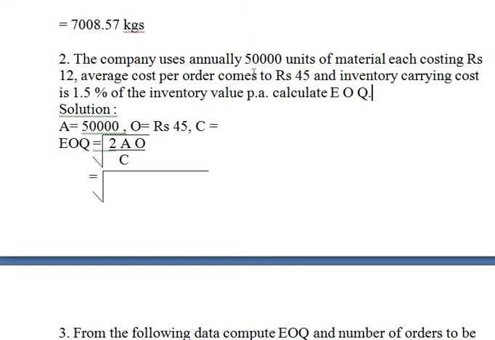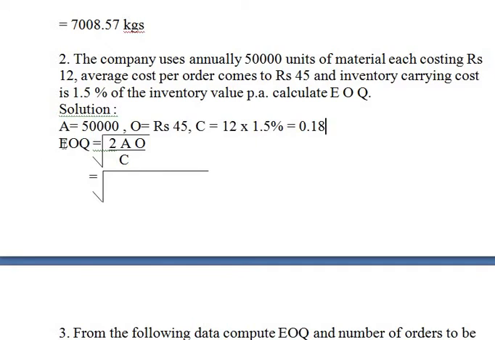Each costing rupees 12. This 12 is nothing but the inventory value or cost per unit. Understanding? Now here you can write 12 into 1.5%. Once you calculate this, you will get 0.18.